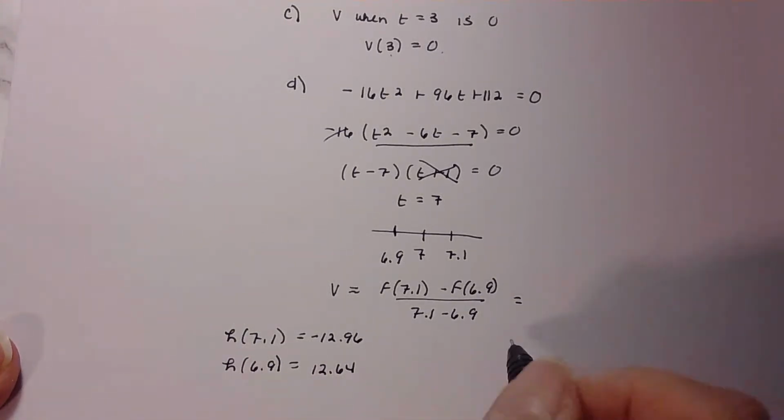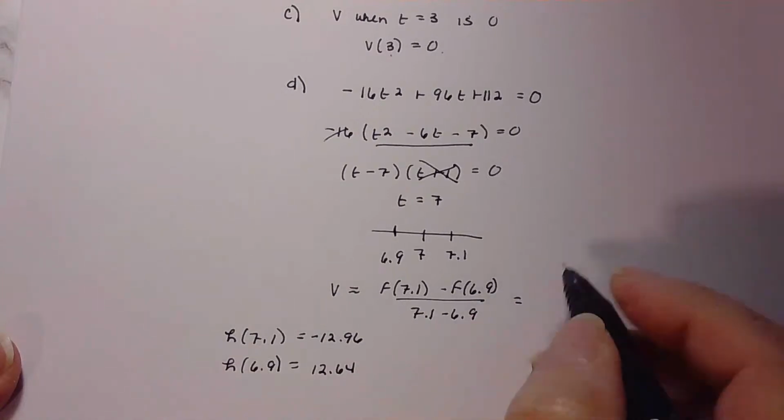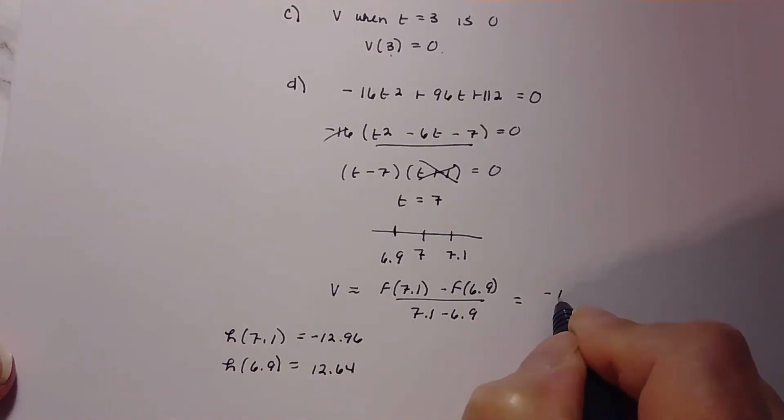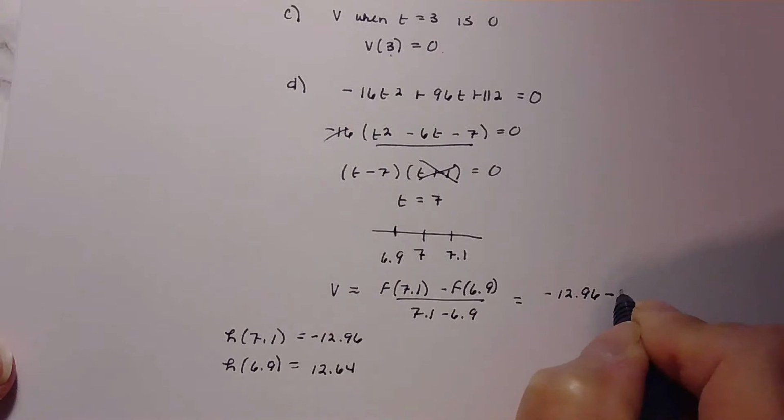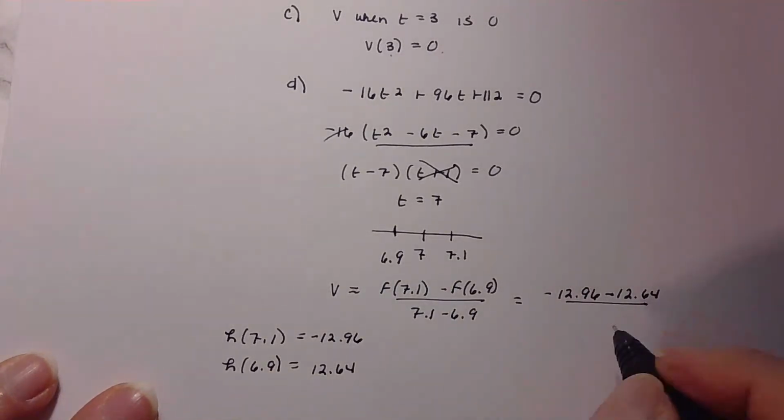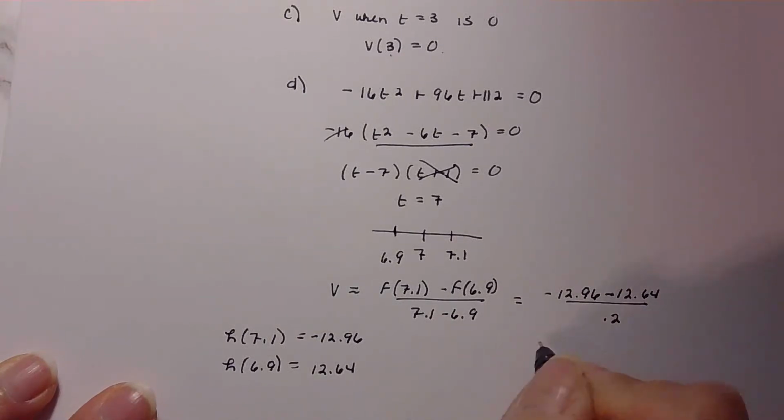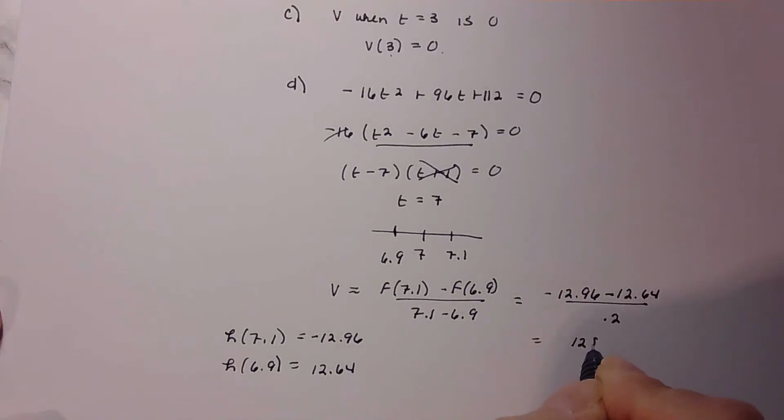So substituting them into this equation, I'm going to have negative 12.96 minus 12.64 over 0.2. If I compute that, I get 128-ish, and that would be negative, by the way.